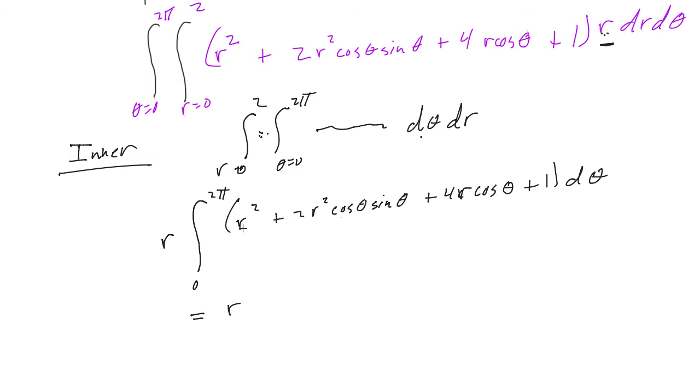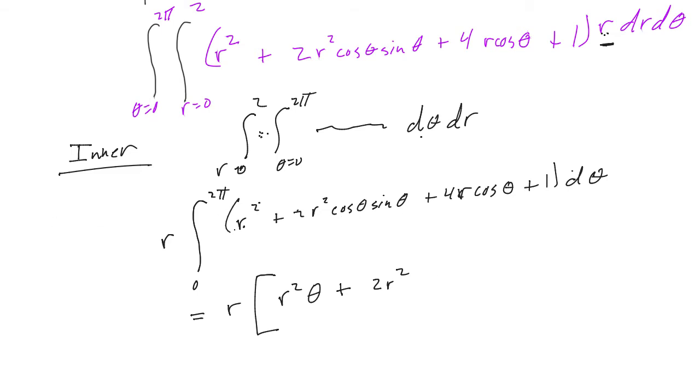Integrating this with respect to theta gives us r squared theta. Oh, this r is here, so let me put this here. So I have r squared theta plus, and I'm going to leave the 2r squared there because that has nothing to do with anything.